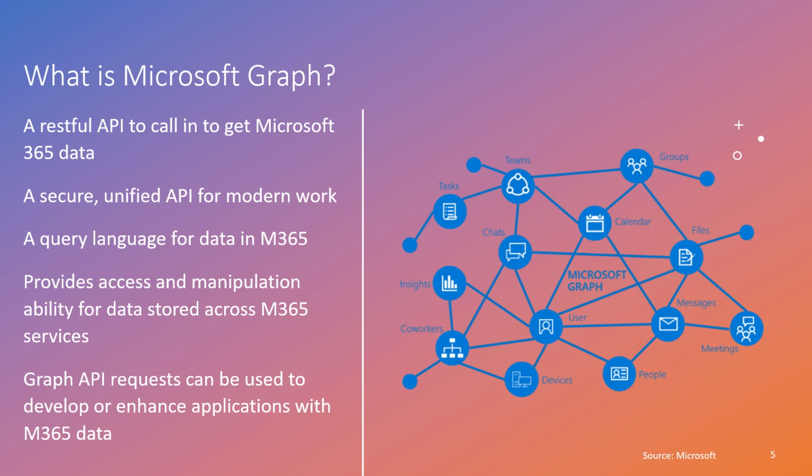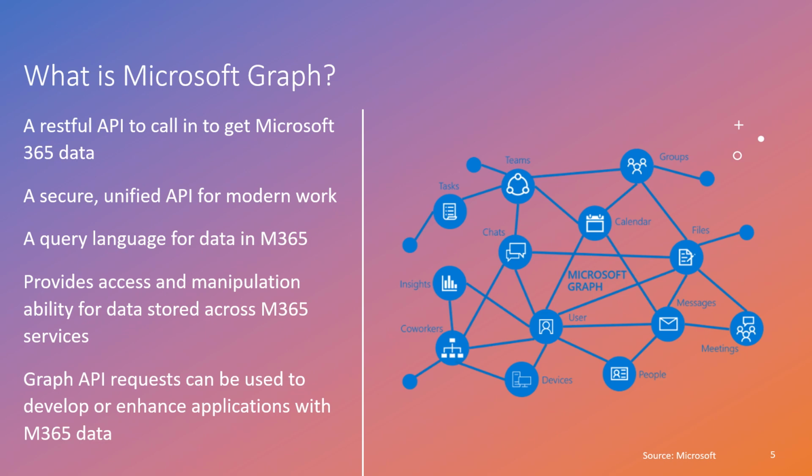The Graph API at its core is a query language for data in M365. Typical Graph API queries include getting a list of teams that a user has joined, or something like creating a new user in Azure AD, which is now called Entra ID.